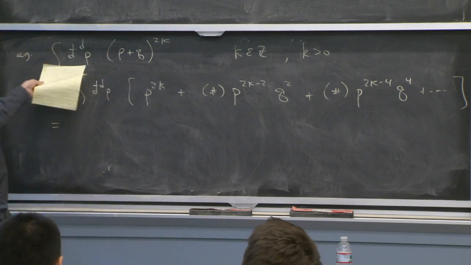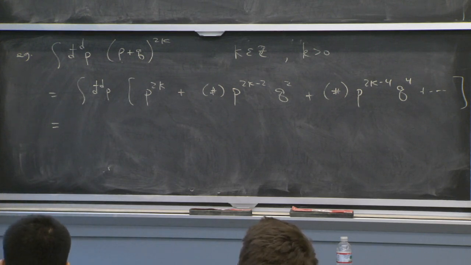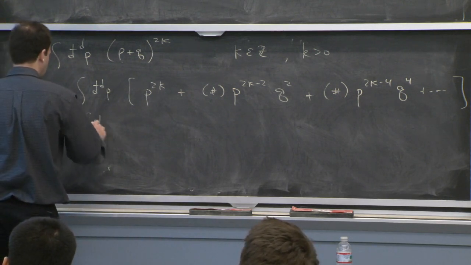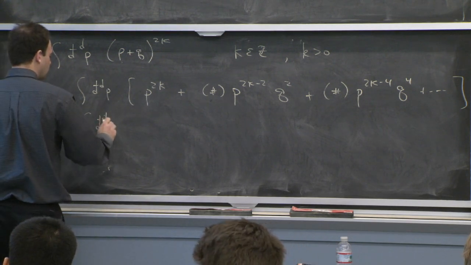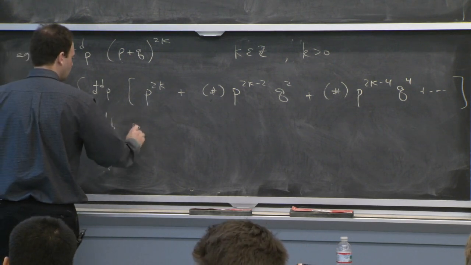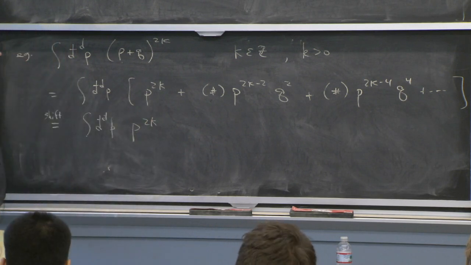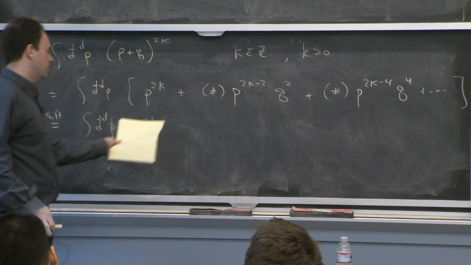Now, I could also take this integral and shift. That was one of our axioms. And that gives p to the 2k. So that means that all these terms here better be 0.